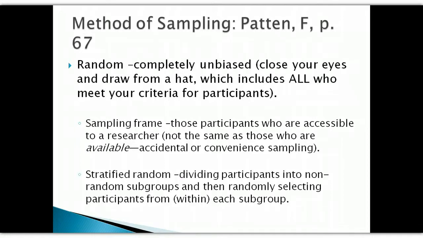So you're dividing them into subgroups that are not random at first, but then within each subgroup, you randomly select different female students, and then you randomly select different male students, almost like you're randomly selecting out of two different hats. Who's in what hat is not random, but how you select people from each hat is random. So that's stratified random sampling, and do look at the example in the book on that as well.